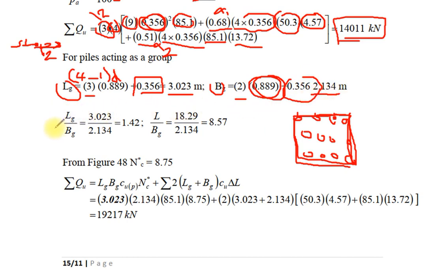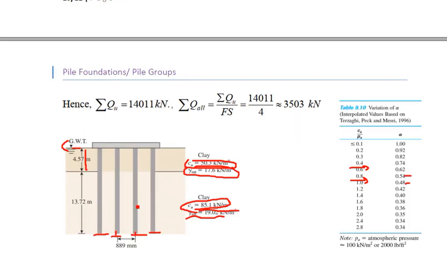Now LG over BG, length of the pile group over width of the pile group gives us 1.42, and L, length of the pile, over BG, 18.29, gives us 8.57. Now include this figure with this value 8.57.